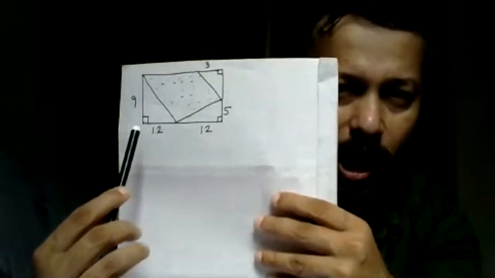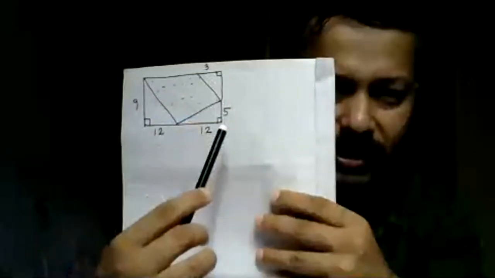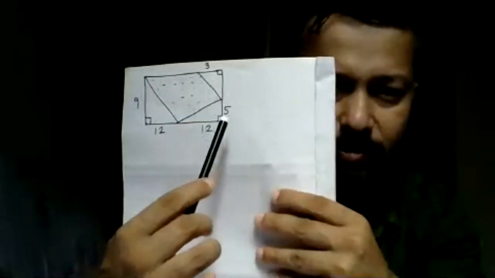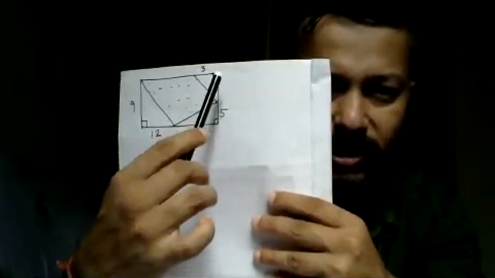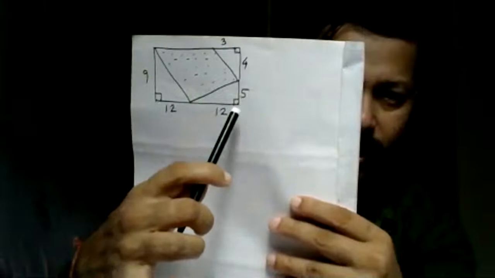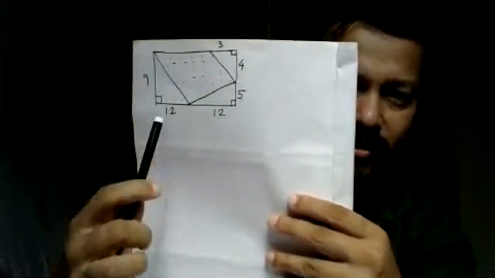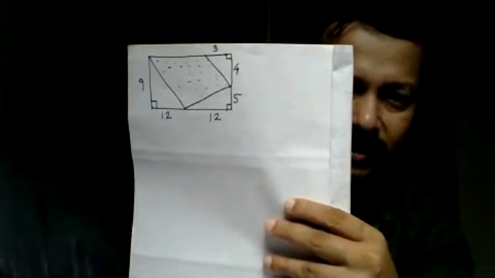Understood all of you? I repeat once more. This is 9, so this should be 9. But this much is 5, so how much is this? 4. 4, 5, 9. This much is 9, and this much is also 9.